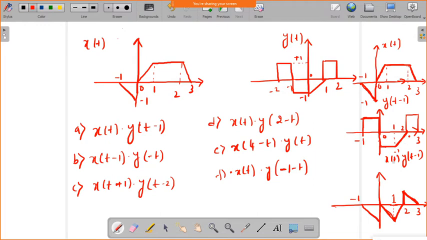Here it is the value -1, and here it is 0. If you multiply this ramp signal with the positive value, it will give the same ramp, from -1 to 0 between the t value 1 to 2.